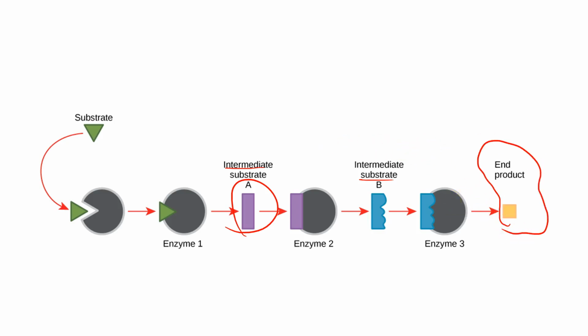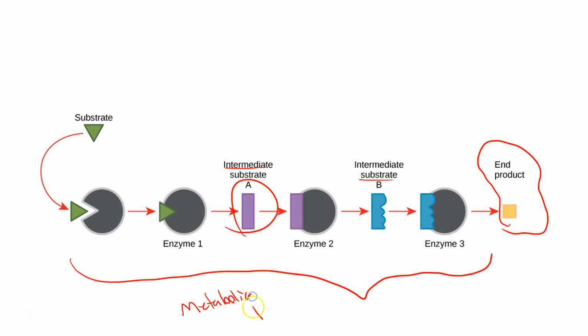Well, oftentimes how enzymes are regulated is in this fashion, where the final end product that's produced through this long series of reactions, which we call a metabolic pathway, because it requires several steps. Okay, so this is a pathway to get this thing all the way to this thing.